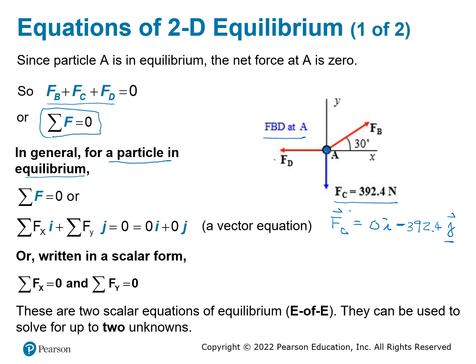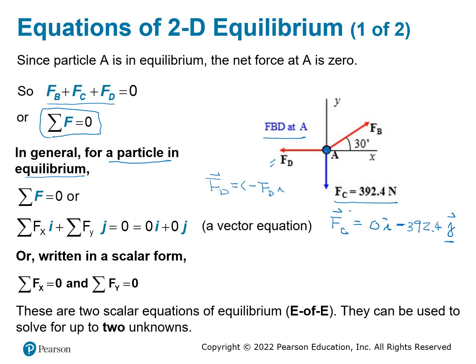If we look at F of D, which is a vector here, we don't have anything in the Y direction, but we have the X direction. It is in the negative X direction, so we can say this is negative F of D, if F of D represents the magnitude of the force.